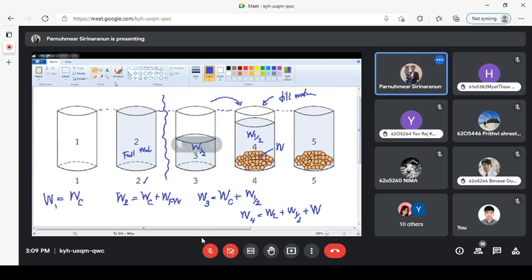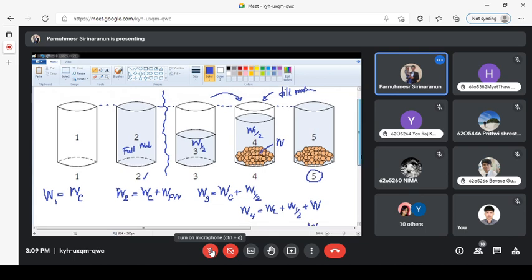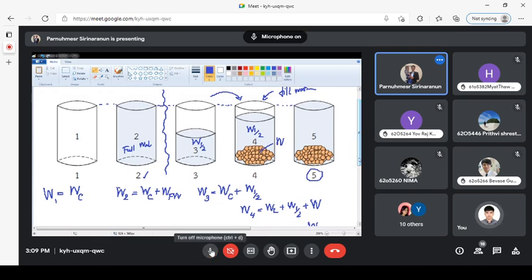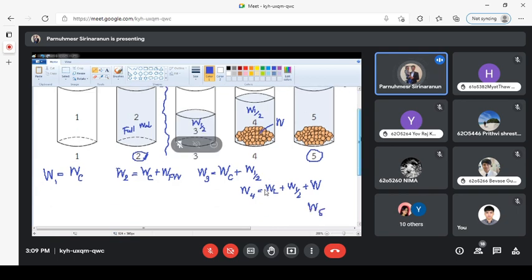Everybody. 5 and what? Yes, 5 and 2, because it's the same level of water. Clear? It's the same level. I told you in the concept, it must be the same level of water.